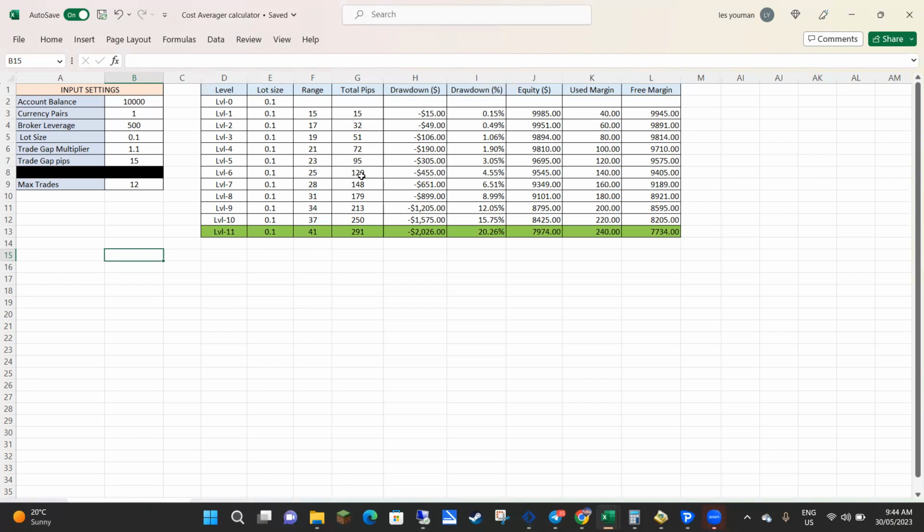Now remember, pound yen had an average daily range of 150. So let's go down here. If we had 8 trades open, we'd have incurred about that.